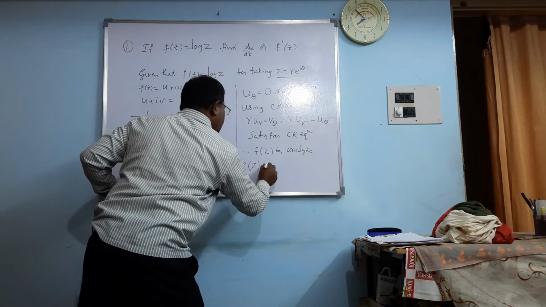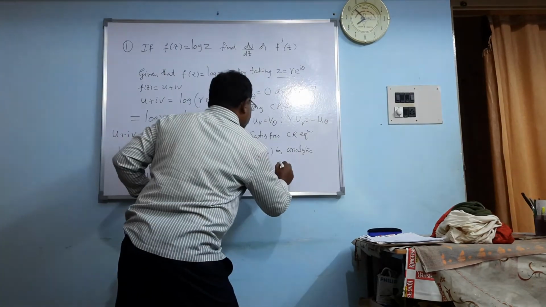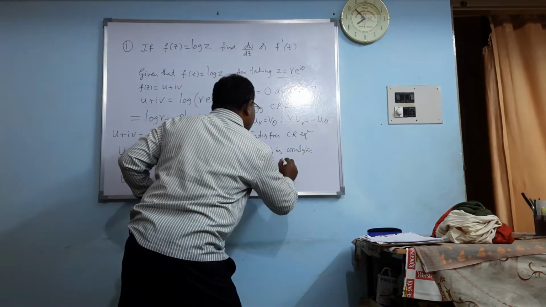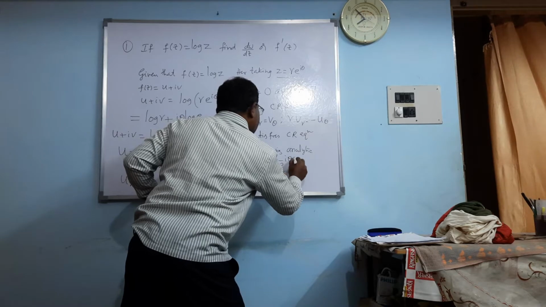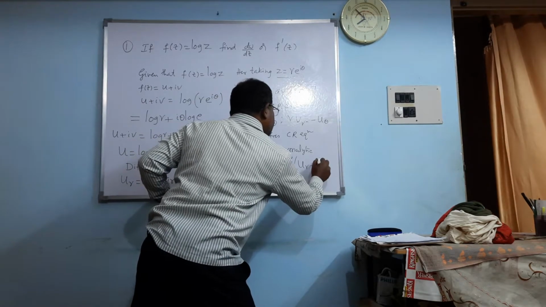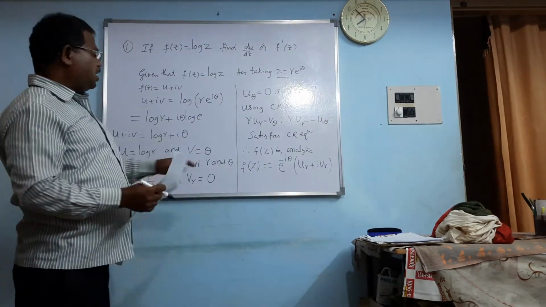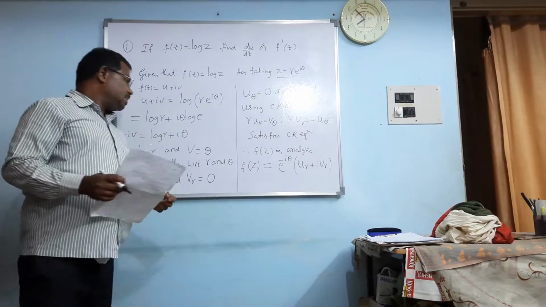Here also I discussed in the last class: f dash z equals e to the power of minus i theta into u r plus i v r. Already I discussed this formula in the last class.